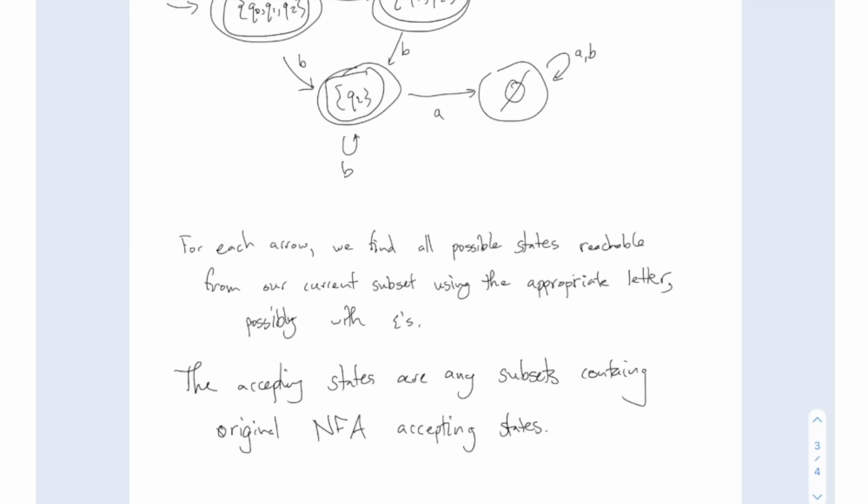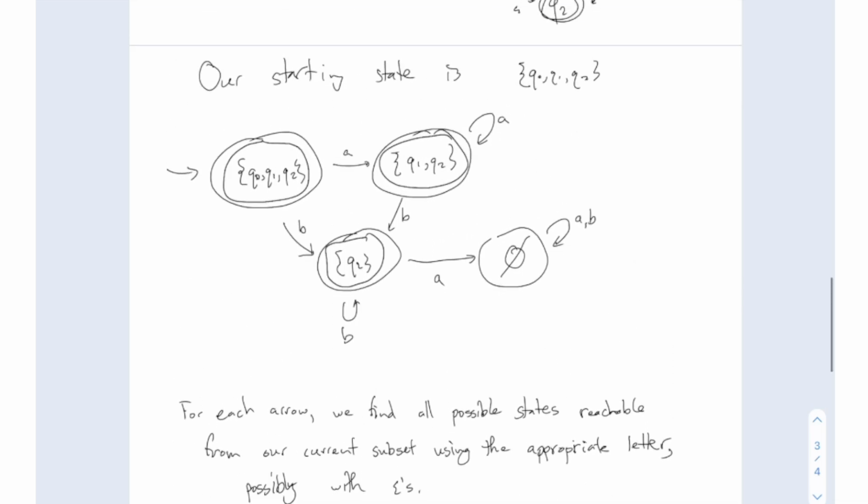But one of the possible places that it ends up is an accepting state. So that's why you want to choose any of these subsets which contain one of the original accepting states. And I hope you believe me that if you look back in your notes, you'll see that DFA really is exactly the same DFA that I wrote at the beginning, just without the labels on it. All right? Any questions about that?